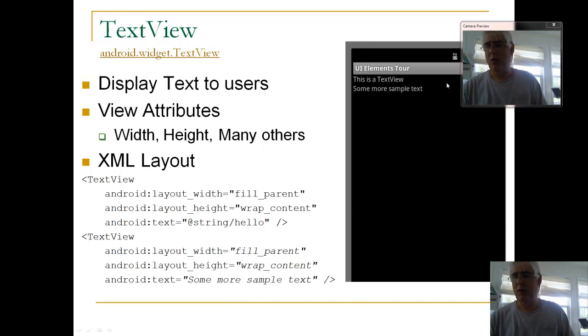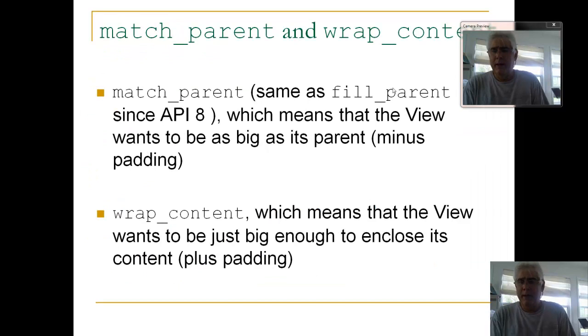So the width wants to be as wide as the parent that it resides in. In this case, it can be as wide as the whole screen. Wrap content means that the view wants to be just big enough to enclose its content minus any padding.